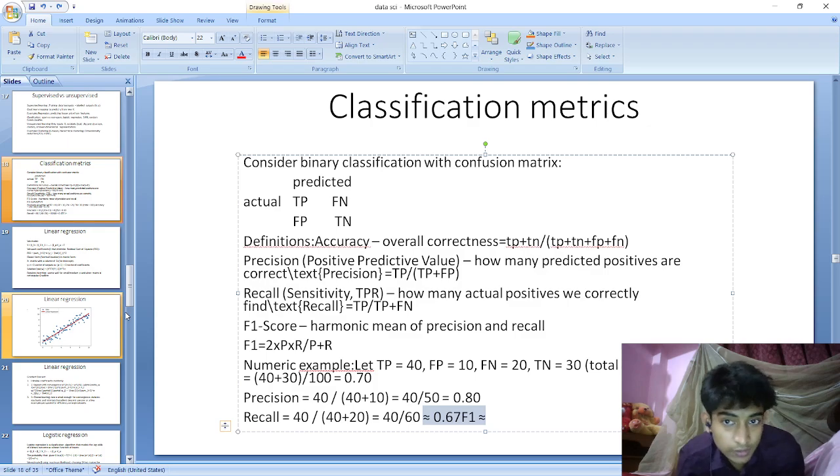So these are the classification metrics. They are often used for evaluating a classifier, and they tell if a model is performing well on classification. If I talk about accuracy, it is not as good a metric as recall and precision, because let's say a model is classifying a rare disease.